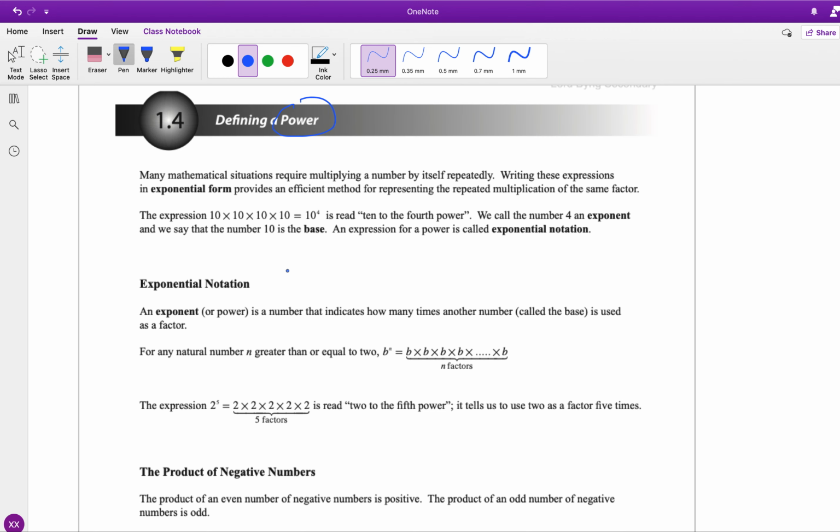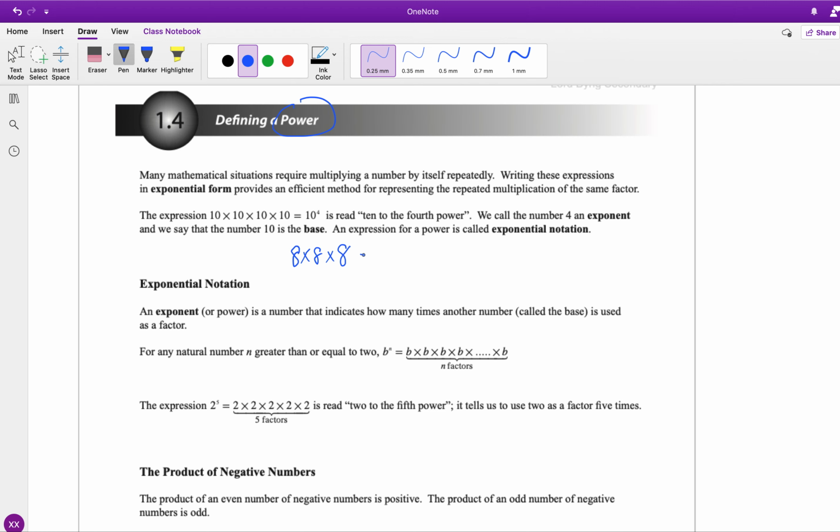A power means, when some of the human beings first realized, for example, if I have 8 multiplied by 8 and multiplied by 8, now this kind of writing is rather tedious, like three 8s multiplied together.